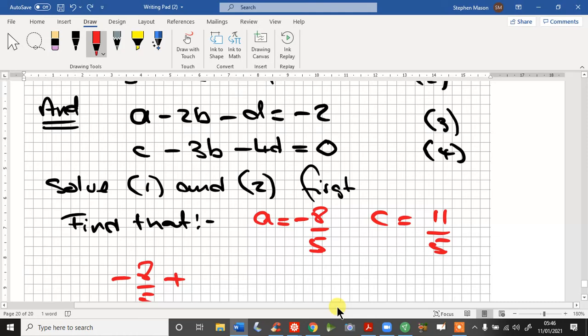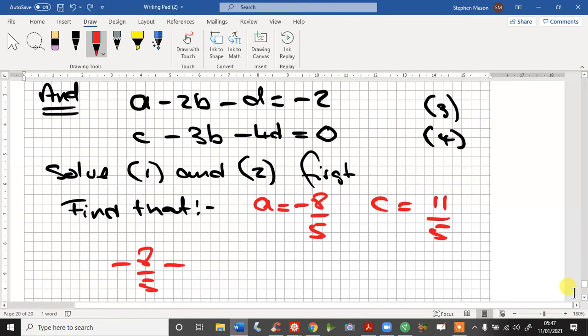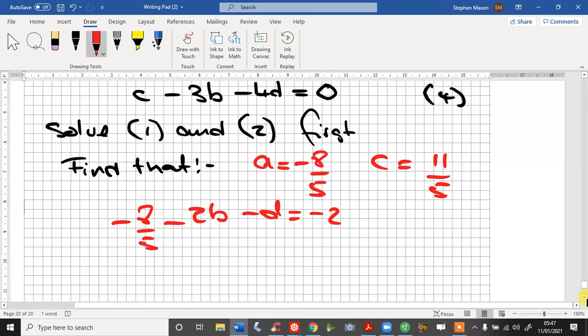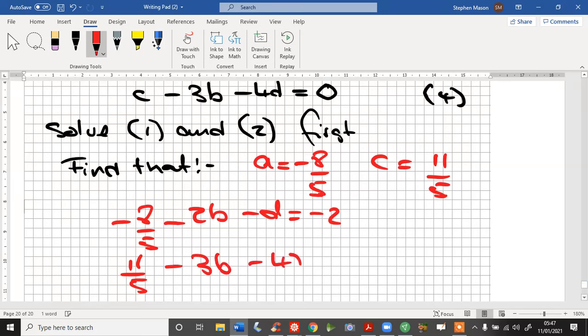So we've got minus 8 over 5, minus 2b minus d equals minus 2. And then we've got 11 over 5 minus 3b minus 4d equals 0.